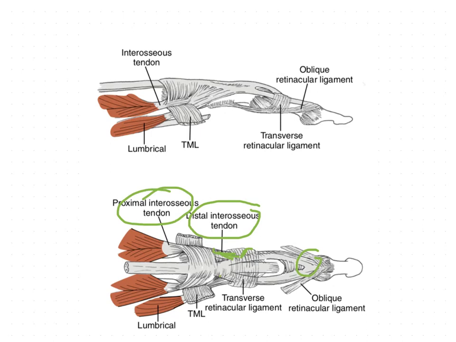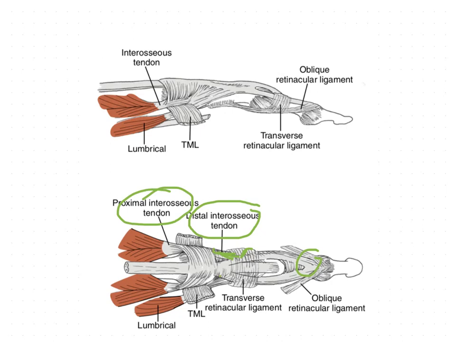So when the MCP joint is in flexion, the action lines of the distal interossei migrate volarly but are restricted in their volar excursion by the transverse metacarpal ligament.